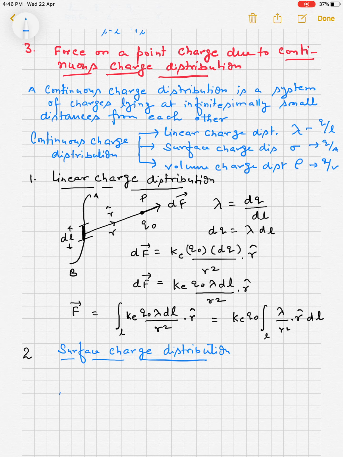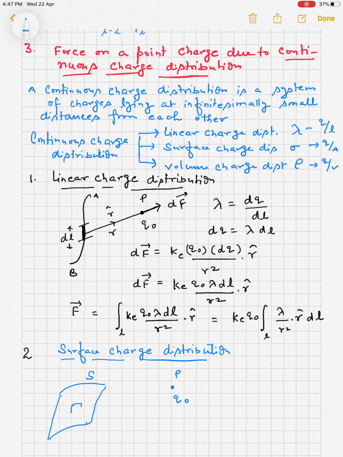Here we are considering a surface S, and we have to find the force at a point P at which the charge Q naught is situated.